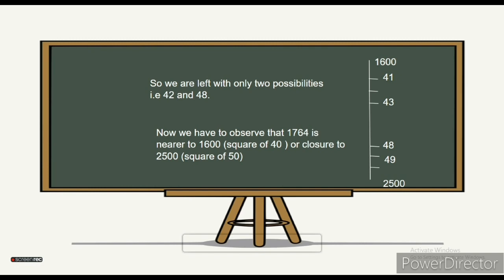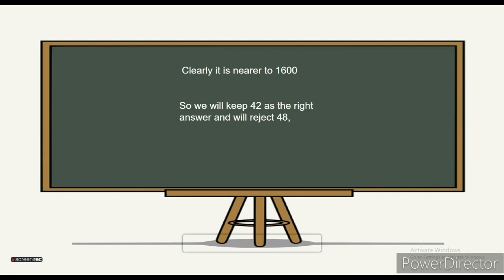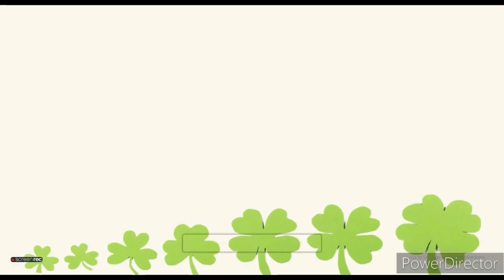So, we will keep the number 42 and will reject the number 48 because it is nearer to the square of 40. So, the square root of 1764 is equal to 42.